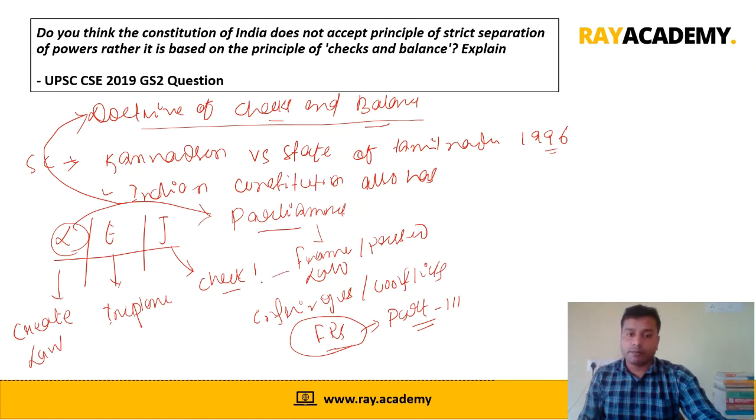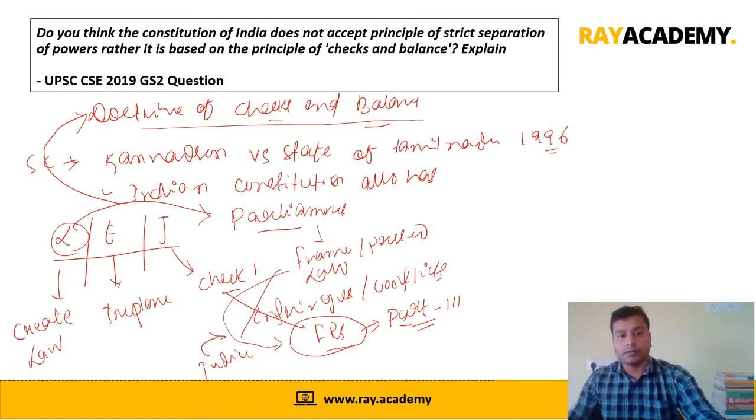Suppose parliament has made some law that violates the fundamental rights, then what will happen? The judiciary has the power to strike down the complete law. It is possible.